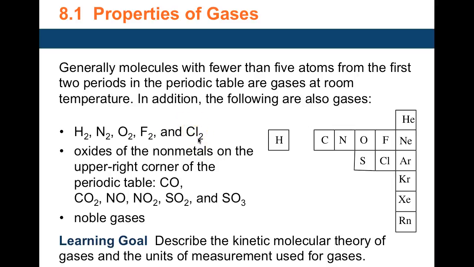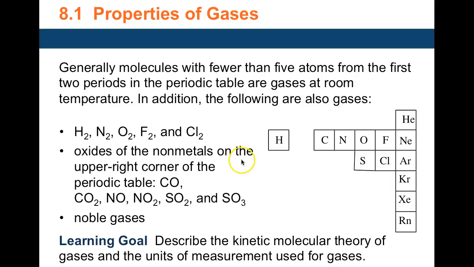But there are also other gases made up of different elements, all right? A combination of different elements, all right? So carbon monoxide, carbon dioxide, nitric oxide or nitrogen monoxide, nitrogen dioxide, sulfur trioxide, and so on, all right?